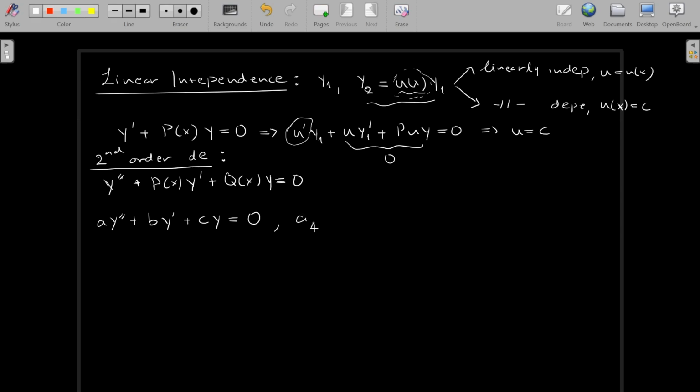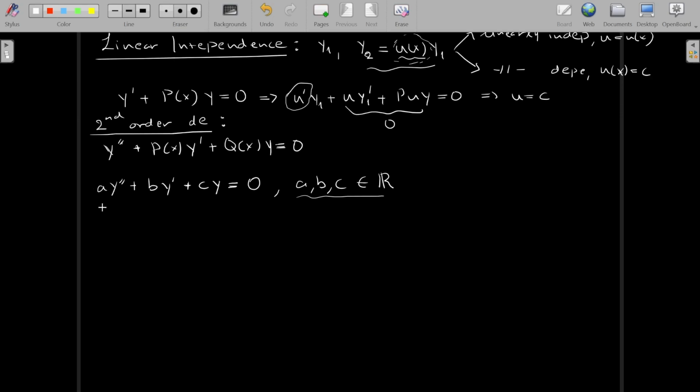Now, a, b, and c are reals, so they're just constants. That's why I said that we're going to try and tackle the simplest form of second order differential equation. These three are real numbers, just constants, and we need to be able to solve differential equations of this form.